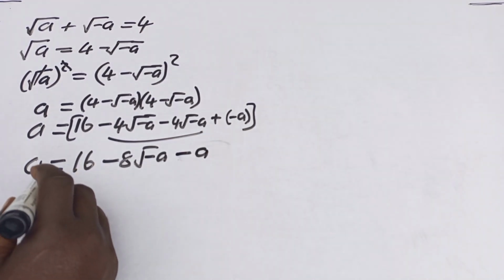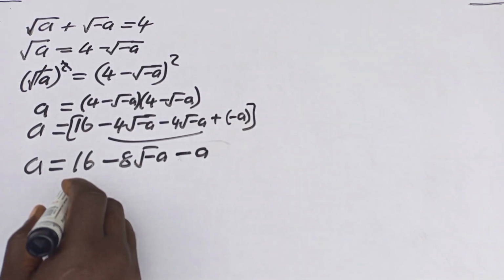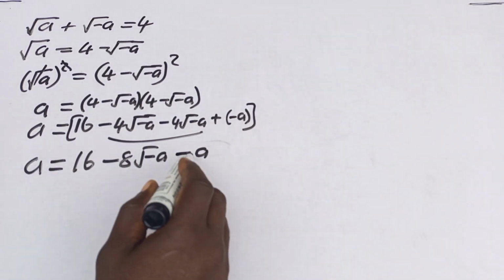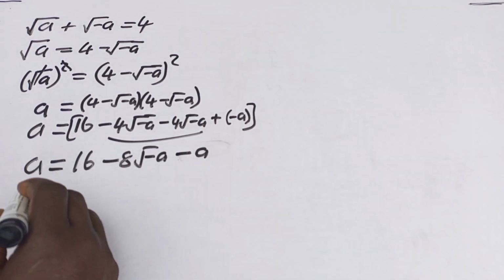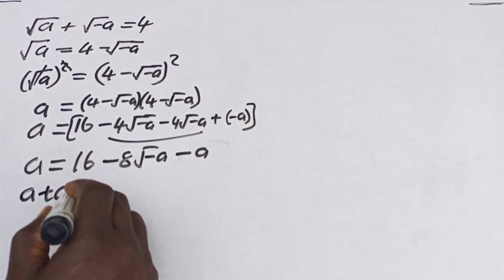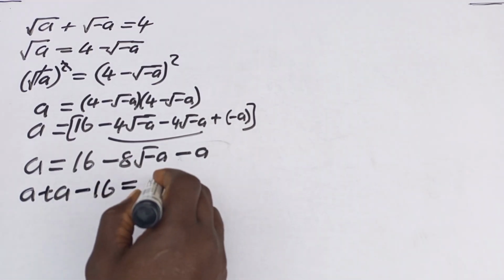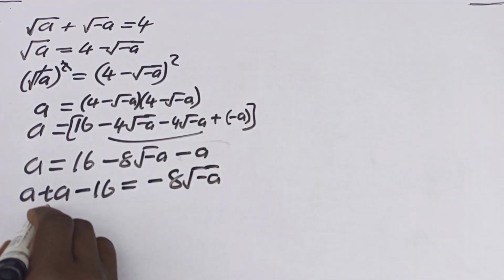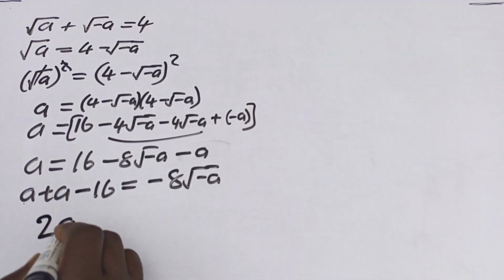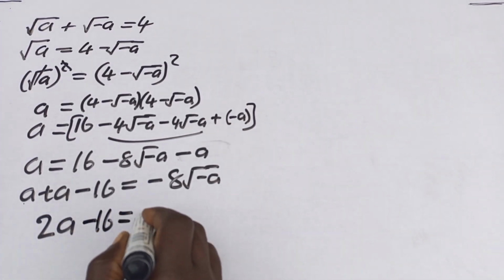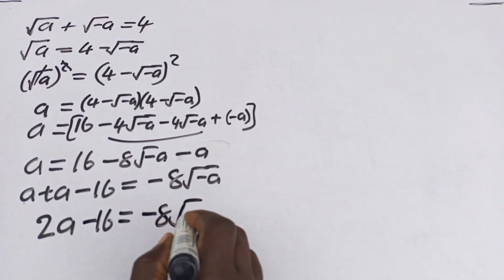Now what we need to do next, we take this negative a, bringing it this way becomes a plus a. This is positive 16, bringing it this way becomes negative 16, so that we have negative 8 root negative a. So we'll have a plus a is 2a, minus 16 is equal to negative 8 root negative a.